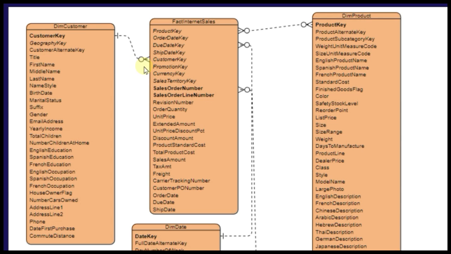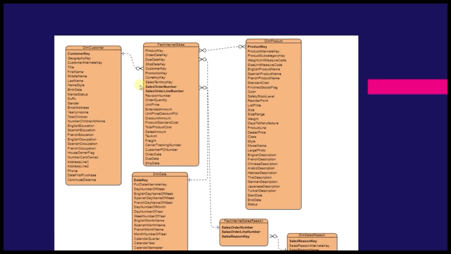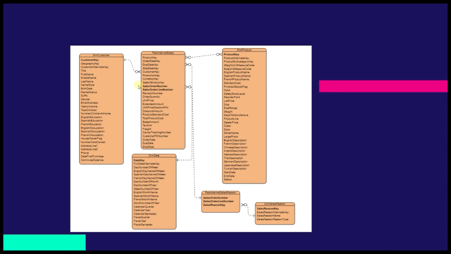And customer key is also a foreign key in the internet sales table, which defines this relationship. Primary keys are displayed in bold and foreign keys are in italic. I have added a copy of this to the resources in case you want to view it throughout the course.